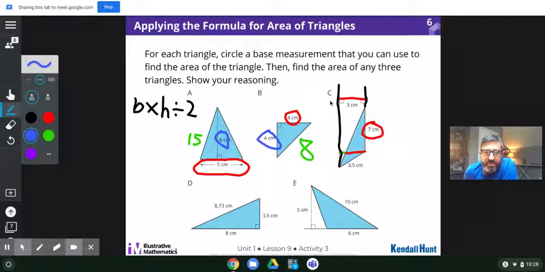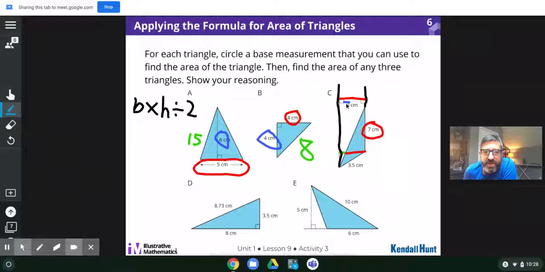They drew it outside of the triangle. So our height would be 3. Using our formula, base times height divided by 2, I'm going to have to use my calculator there. We know that the area is 10.5.